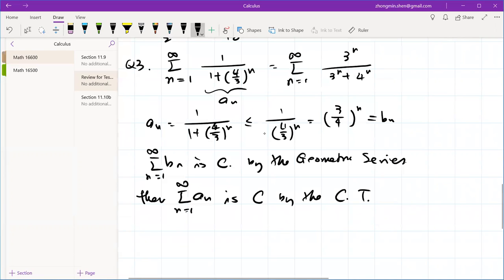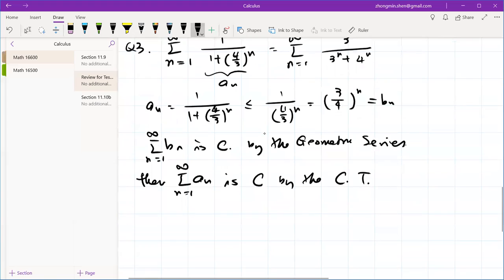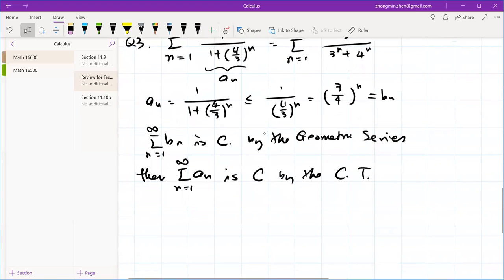I don't think so. Even though you see the exponential function here, you cannot apply the nth root test to prove it's convergent directly. The reason is, how do you find the nth root of this? How do you simplify it? So I don't think there is any other way you can solve the problem. There are some problems where you can use a different method, but this one you can only use the comparison test.